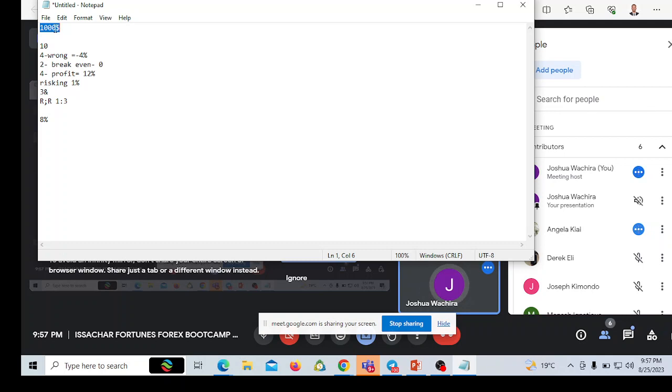So we will make losses, but overall, even if we lost this one, so this was also minus 2%, we will still be up by 6%. So it's not like, let's say you are an accountant or you're a doctor, it's different.